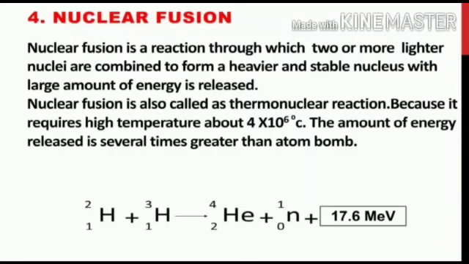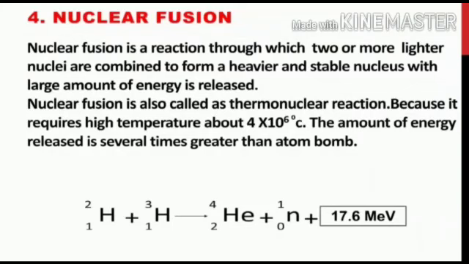Due to this, a lot of heat energy and high pressure are required to force the lighter nuclei to fuse together to form a bigger nucleus. There is some loss of mass during the fusion process, which appears as a tremendous amount of energy.